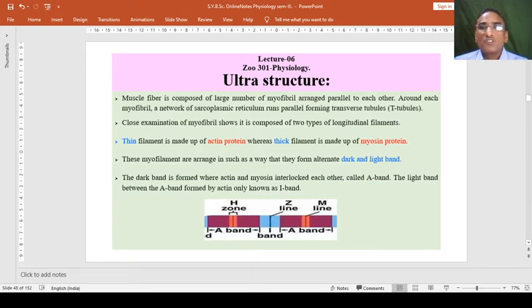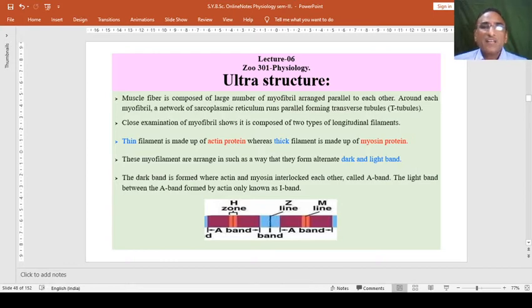If we observe these molecules under a microscope, we will see many myofilaments composed of two different types of protein molecules, and therefore the myofibril shows two longitudinal filaments of proteins. These filaments are alternately arranged in the bundle, and they are of different thickness, either thick or thin.